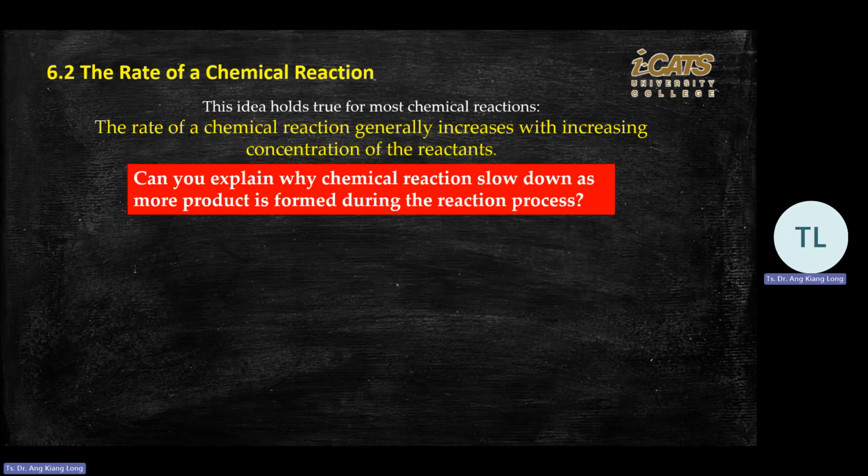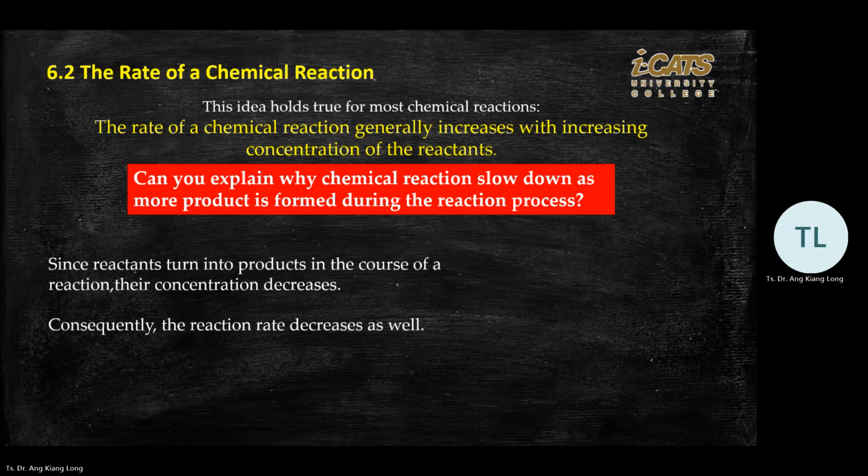So this question actually asks you back to the two factors just now. This is because the concentration of the reacting molecule has been reduced during the process. So this is the answer. Concentration decreases during the process, so it will affect the reaction.